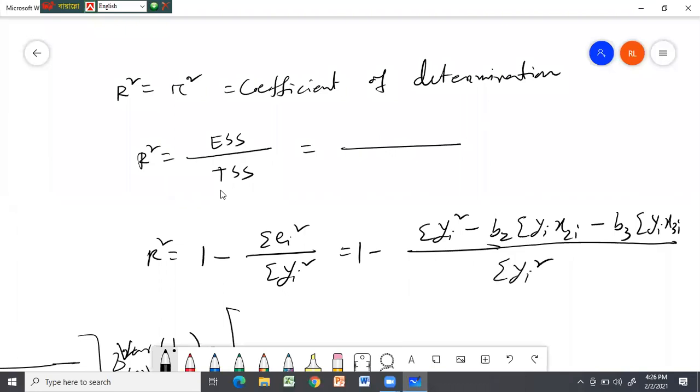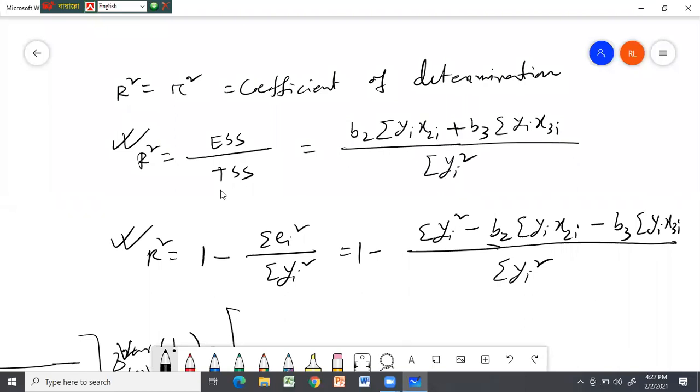Or you can directly just put down this formula, মানে দুইটা ফর্মুলা আছে, আপনি যে কোনো একটা ইউজ করতে পারেন. Either r square equal to ESS by TSS or r square equal to 1 minus sum of ei square divided by sum of yi square. If you go through the first equation for r square calculation then ESS is equal to B2 into sum of yi into x2i plus B3, only the explained portion, explained sum of a square portion, sum of yi x3i divided by your TSS means your sum of y square.